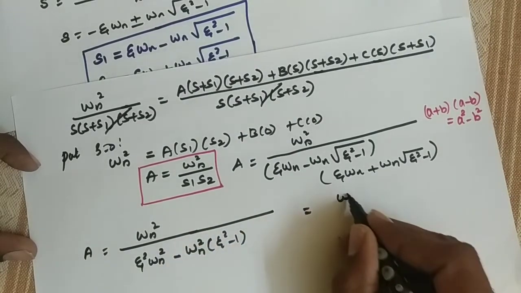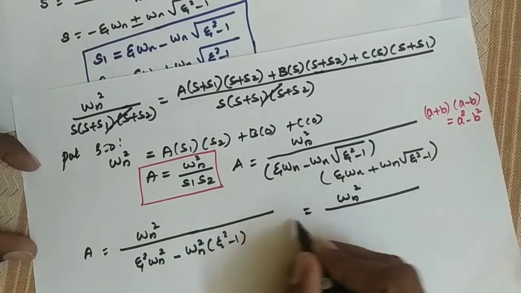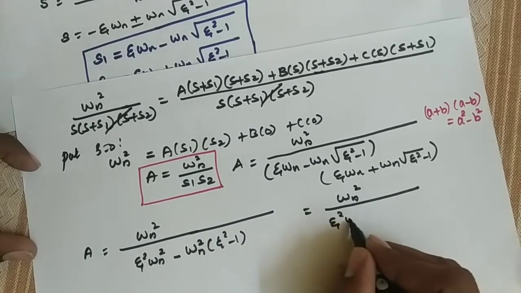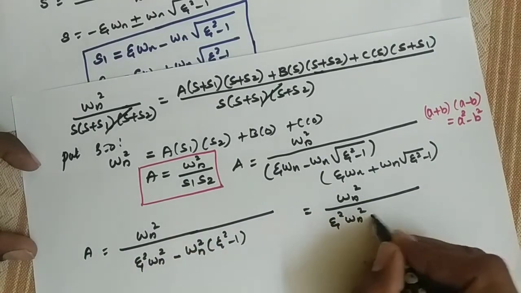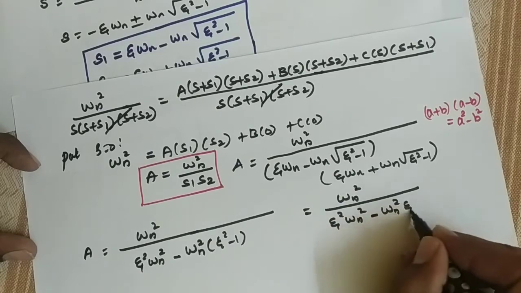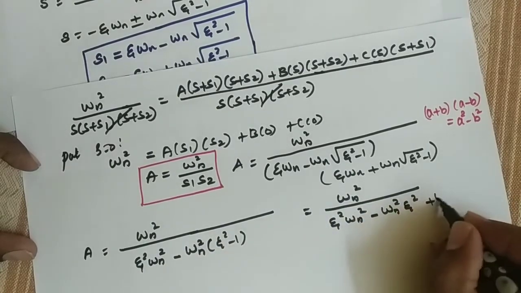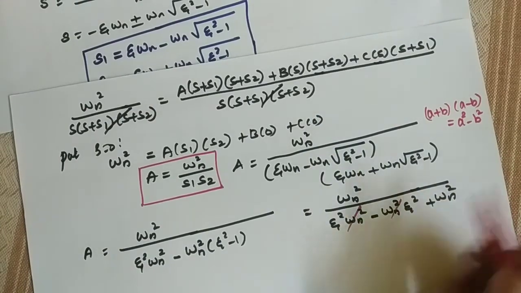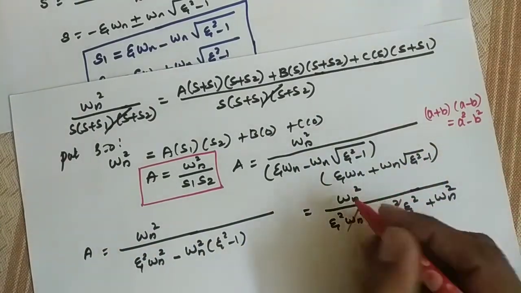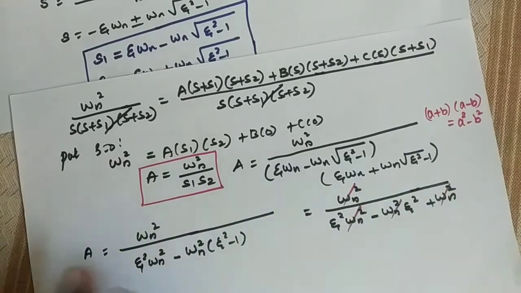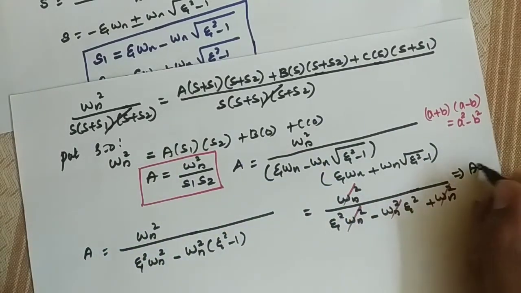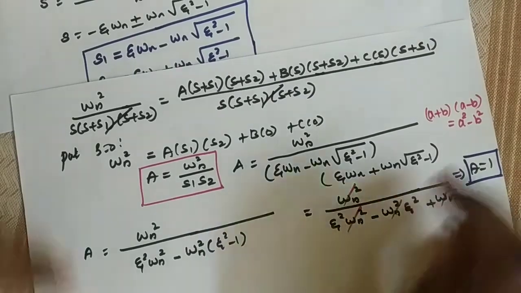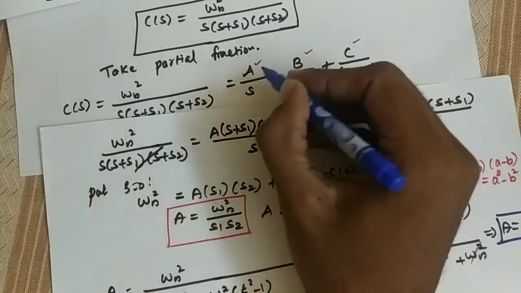Omega n square divided by eta square omega n square minus omega n square eta square, minus into minus plus omega n square. These two terms get cancelled, and cancelling the rest, the value of A will be 1.